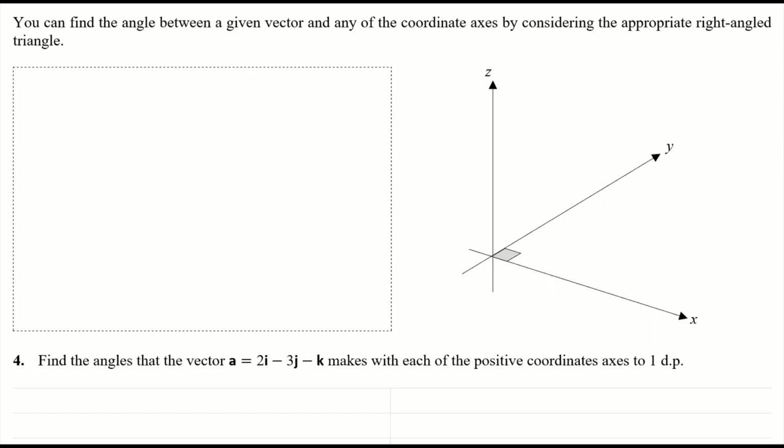So I'm going to define a vector. I'm going to call it the vector A in this space, so you can write this down in the space provided. So the vector A is just going to be an arbitrary point. It's going to be x in the i direction plus y in the j direction plus z in the k direction.